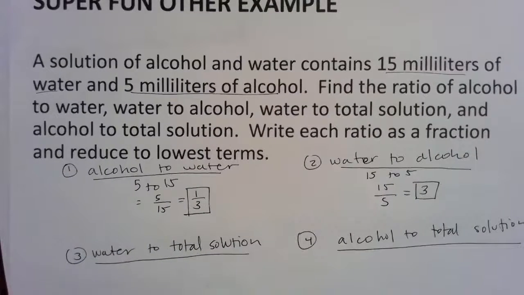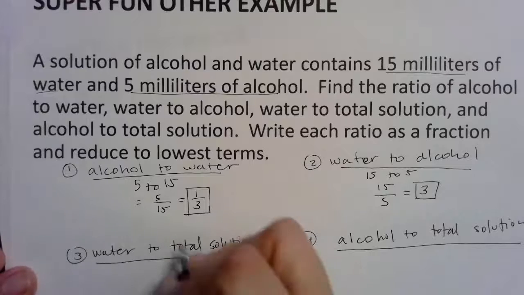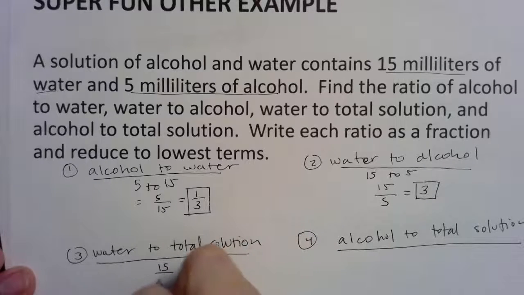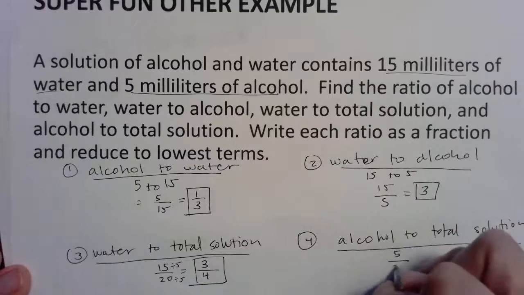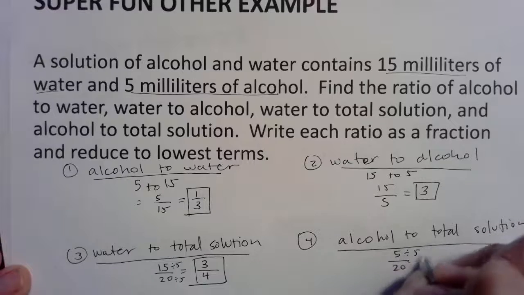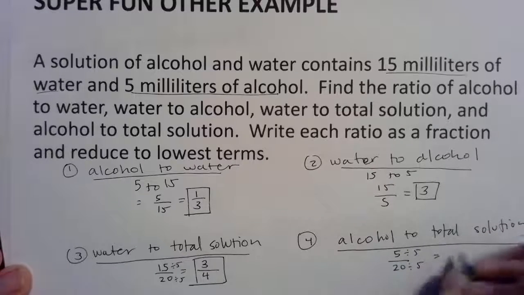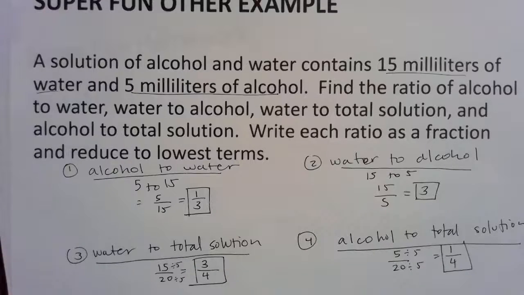Total solution is 20 milliliters, so you have 15 to 20, and divide top and bottom by 5, you get 3 over 4. And then alcohol to total solution is 5 to 20, and if I divide top and bottom by 5, I get 1/4. So that is it for this one.